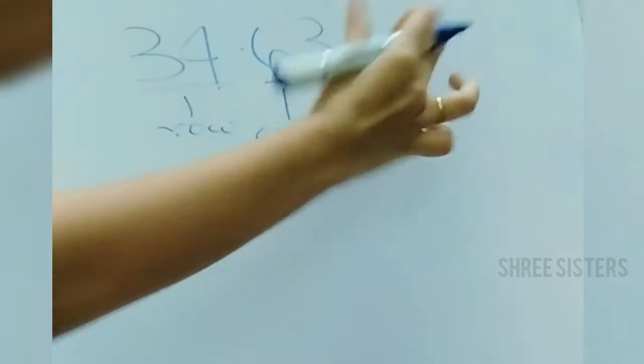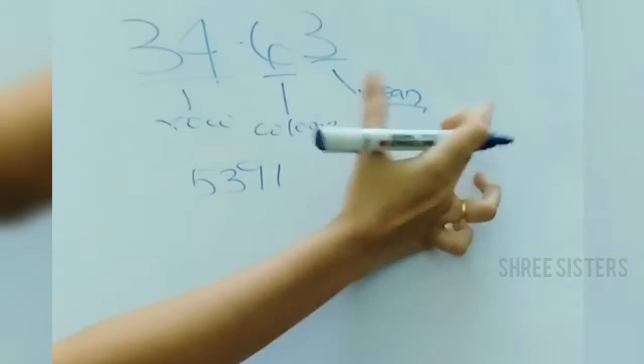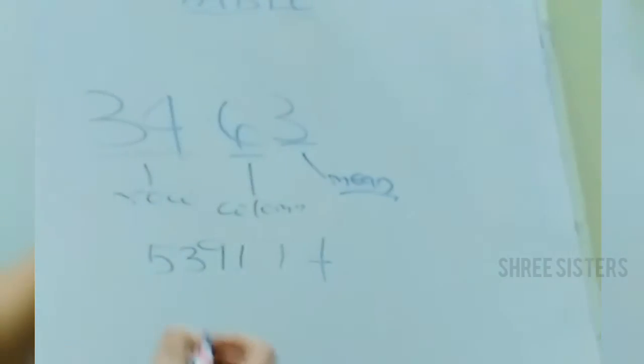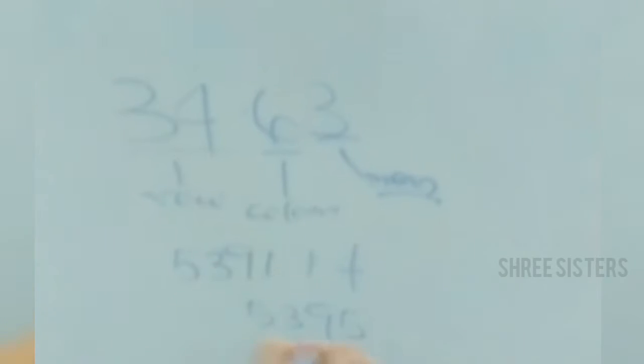Now the mean difference for row 34 and mean difference column 3 gives 4 as the answer. So plus 4. Now 5391 plus 4 equals 5395. Easy. Now this is the mantissa part.